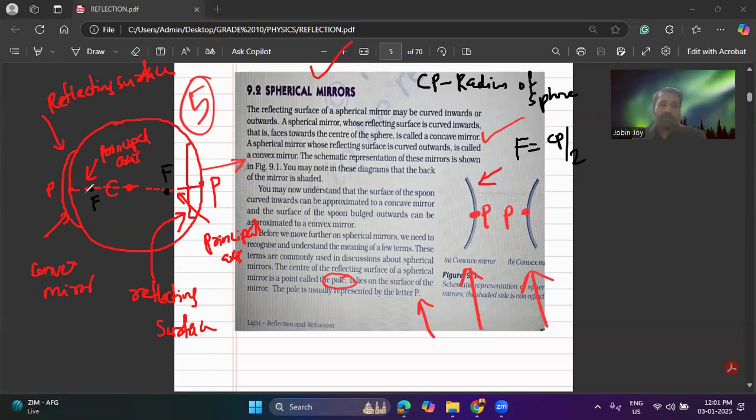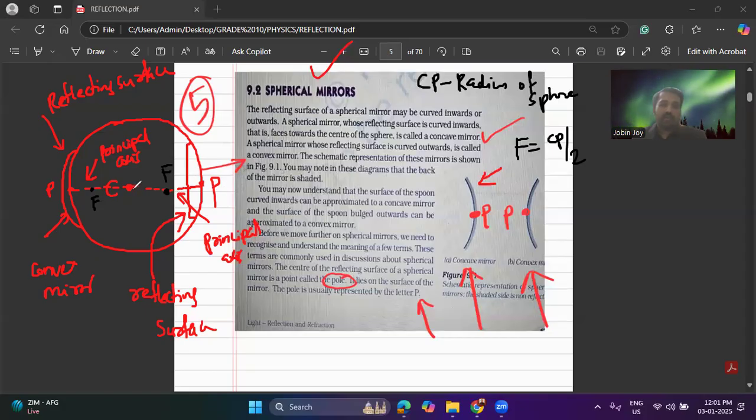Now we will discuss the pole, focus, and center of curvature. C is called the center of the sphere. That is what is called the center of curvature. P is the center of the mirror. This is the concave mirror, and P is the center of this mirror. That point is called the pole.